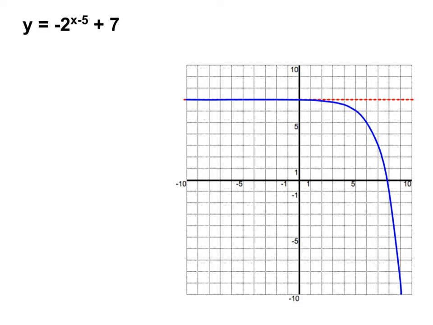We're now going to take a look at one more like this. So in this case, we have y equals 3 times 2 to the power of x plus 1, plus 4. Once again, notice the multiplication by 3 happens after we do 2 to the power of x plus 1. All right, so let's start by figuring out what those transformations are.